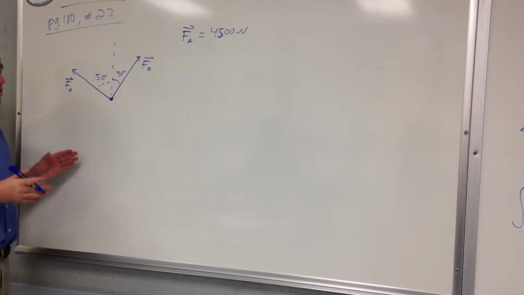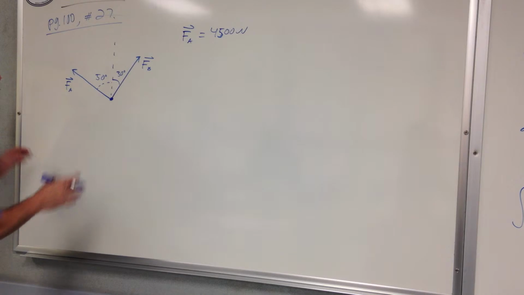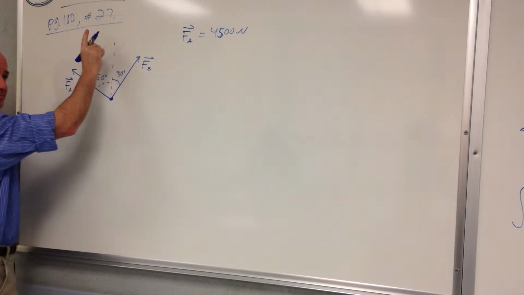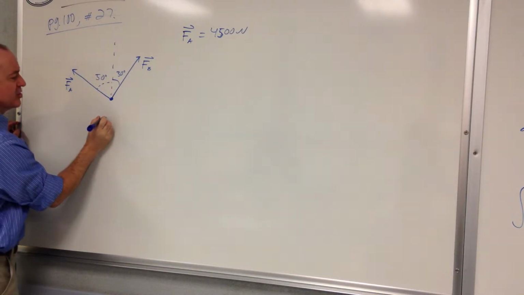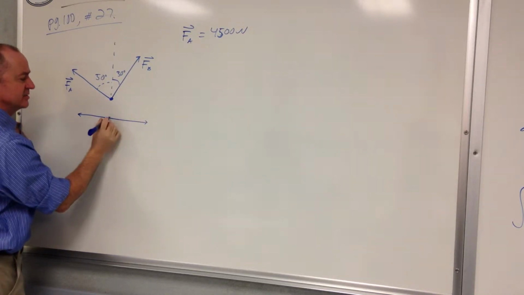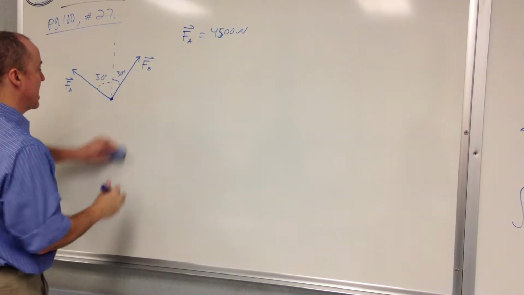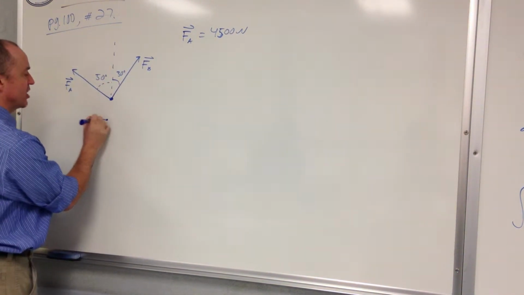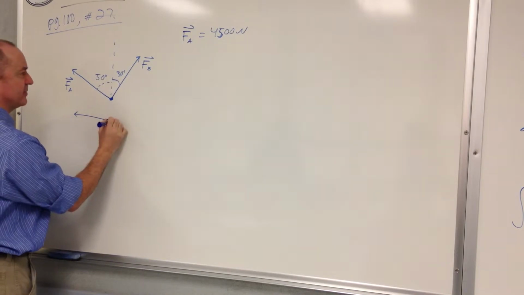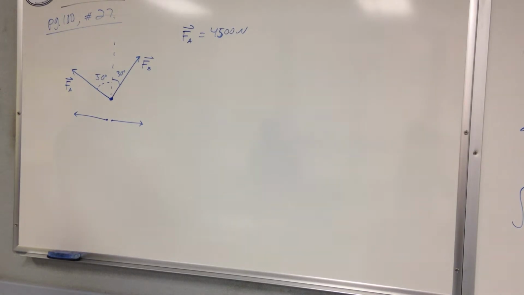So if it's going straight, and you're applying forces to make it move straight up this way, what must be true about the forces to the left and the forces to the right? Equal and opposite. So this component and this component have to be the same. That's your big clue here.